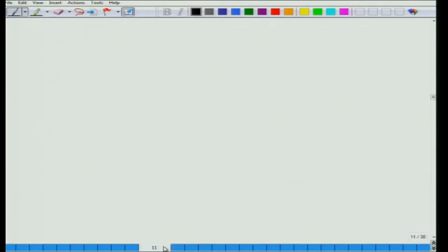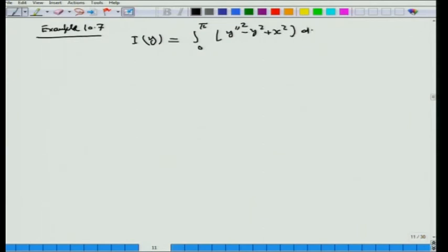The next one would be this example 10.7, and here I of y is the integral from 0 to pi of y double prime square minus y square plus x square dx.